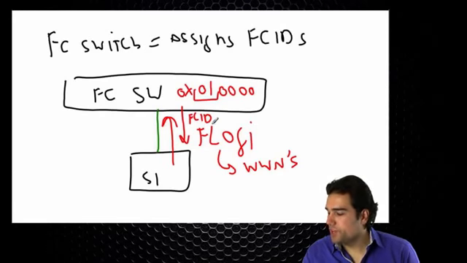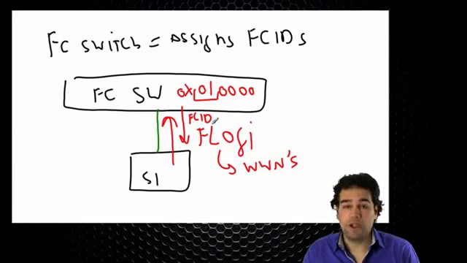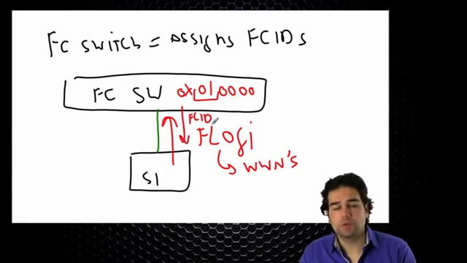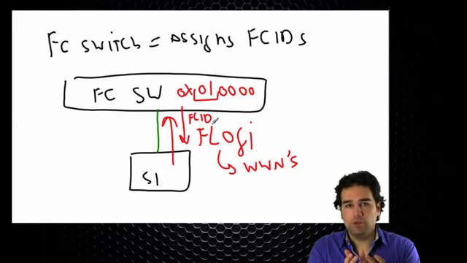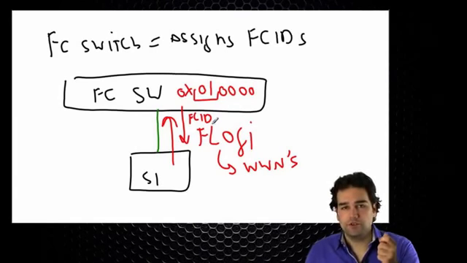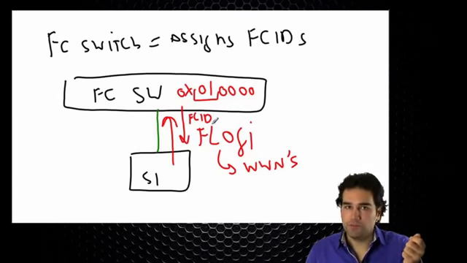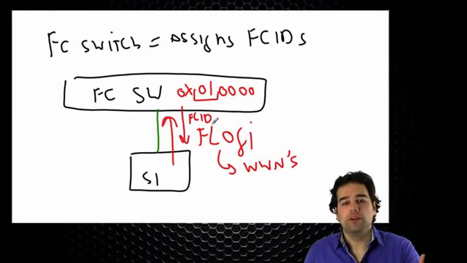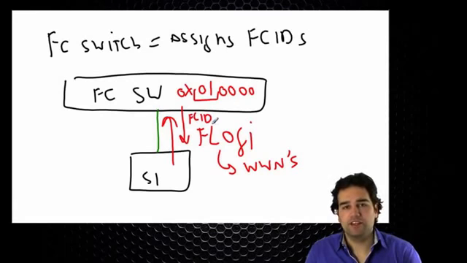Question: is it similar to a DHCP pool? It is very comparable to a DHCP pool, yes. So every switch in the network has its own DHCP pool and assigns addresses from that. So if I take that server and connect it to another switch, it will get a new FCID. I cannot do static FCIDs, for example.